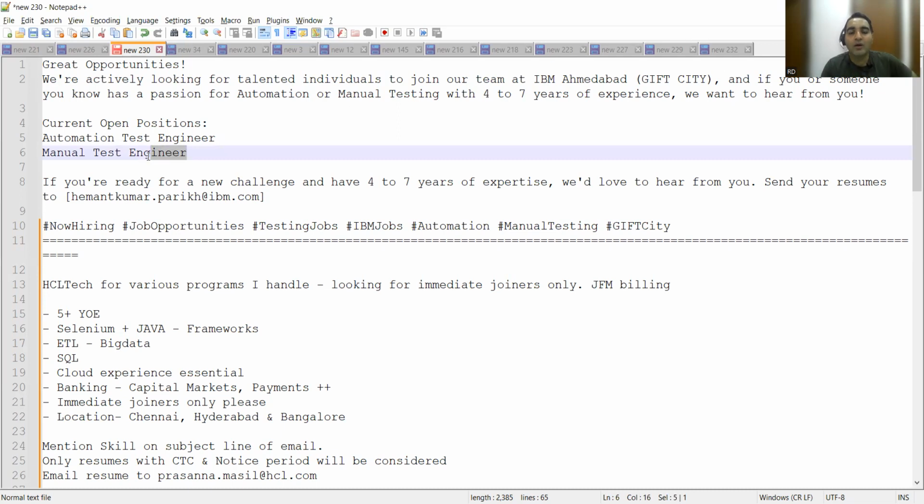As of now, they haven't revealed what kind of automation programming knowledge should be there, but someone who has automation experience can apply. 4 to 7 years of experience, and this is the email address, hemantkumar.parikh@ibm.com. But again, I request you not to spam these emails. You can also approach this person on LinkedIn and ask for a referral.